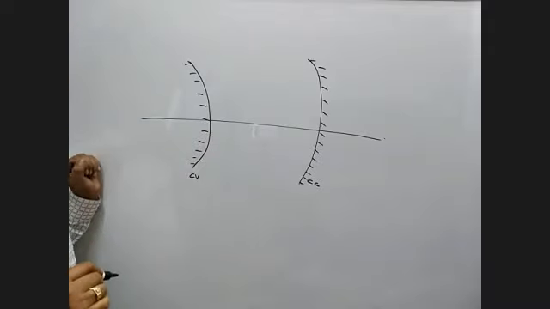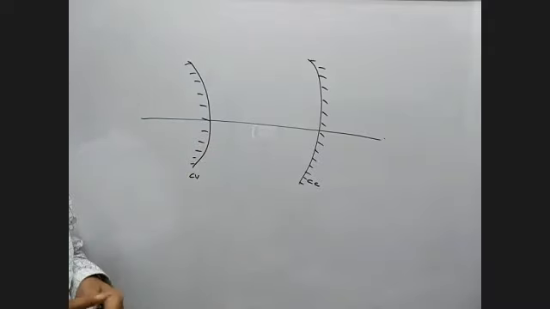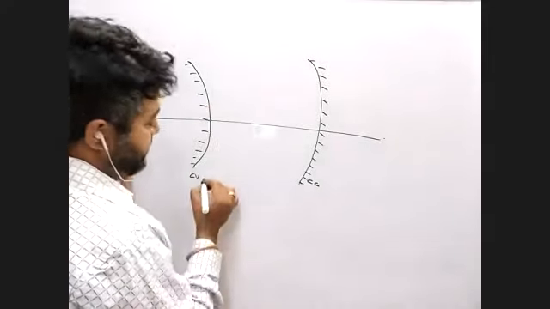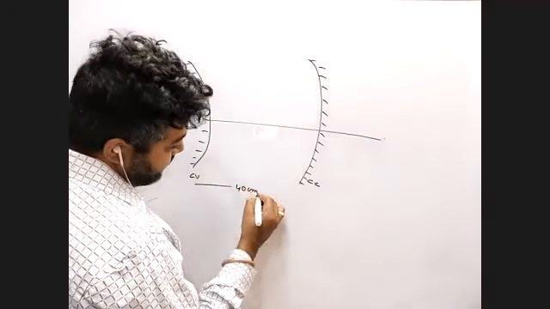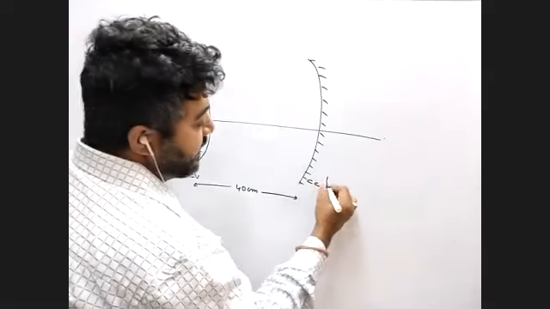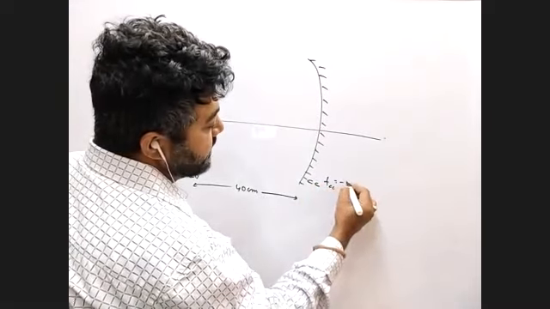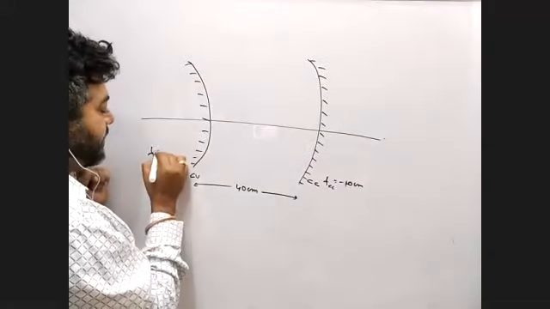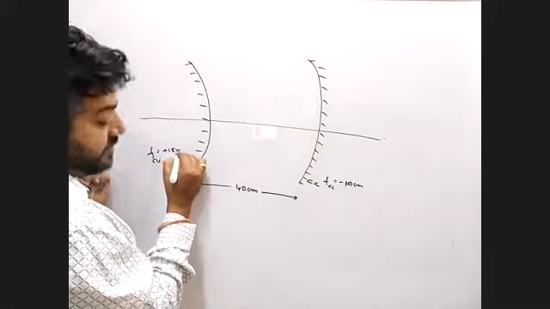And what is the separation between them? According to the question, the separation between them is 40 centimeter. The focal length of concave minus 10 centimeter and focal length of convex plus 15 centimeter.